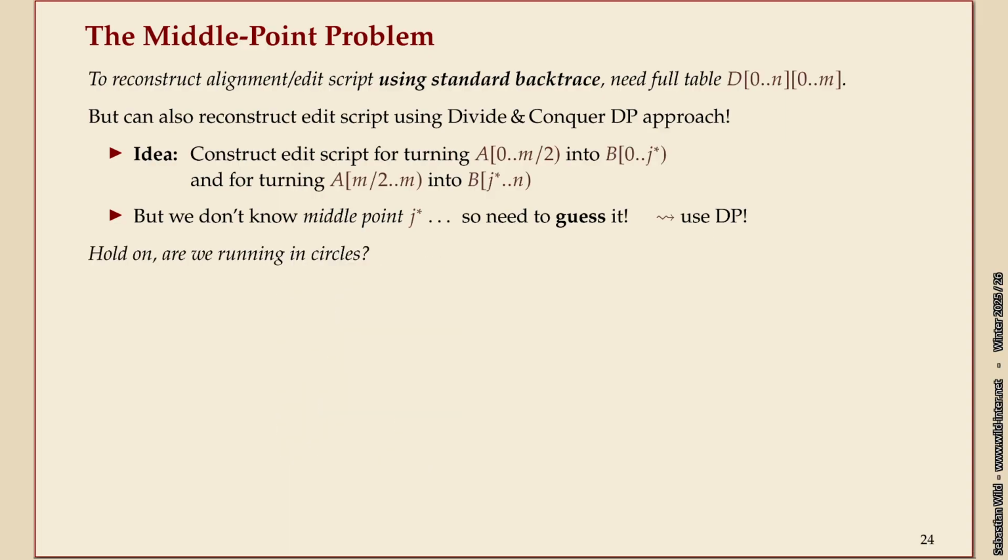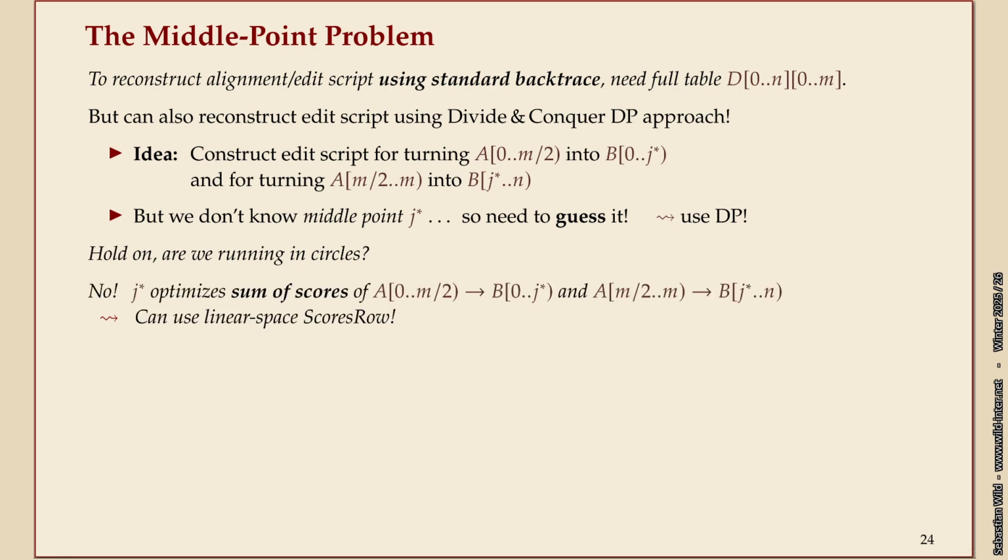How to do that? Also, are we now not getting back into the same problem that we need quadratic space to find this middle point? And it turns out no, because finding the middle point you can do with the scores or the edit distances, not the backtrace result.